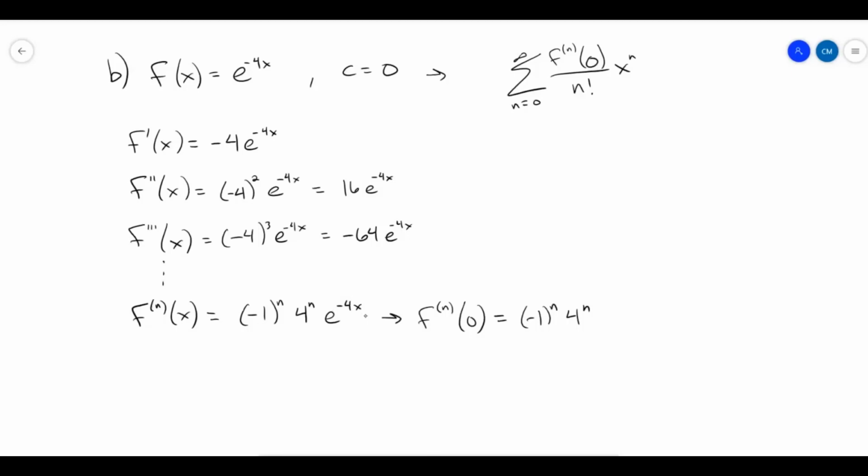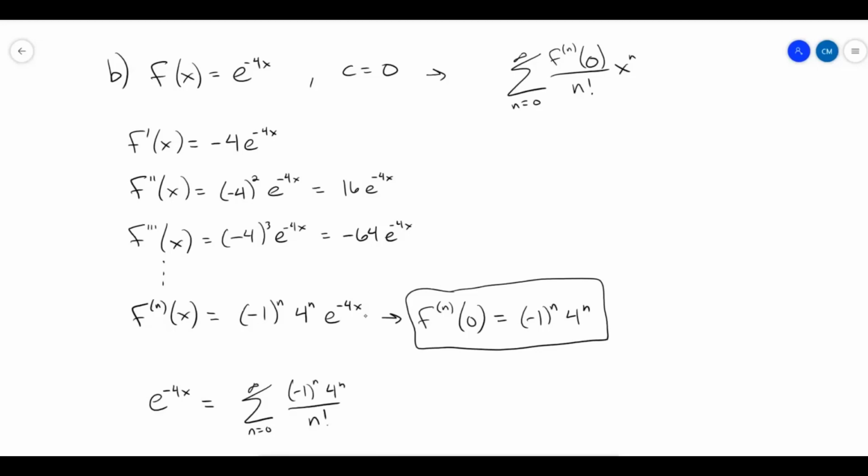So here we are. We've got a formula for the nth derivative evaluated at 0. Now I can plug it into the Taylor series formula and say that e to the minus 4x must be exactly equal to this power series: negative 1 to the n, 4 to the n, n factorial in the bottom, x to the n.